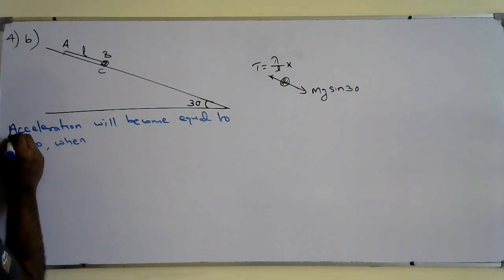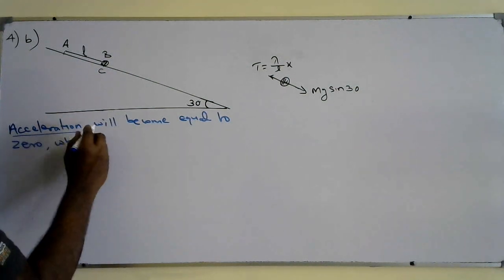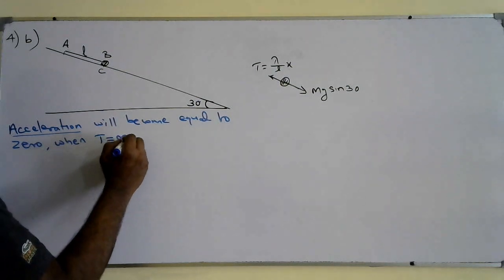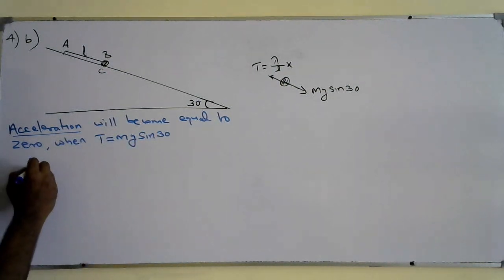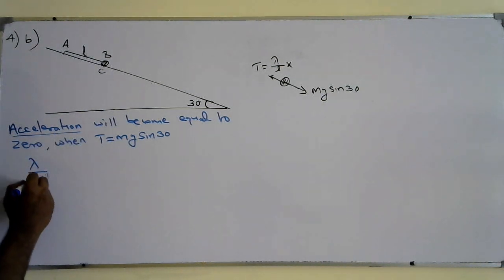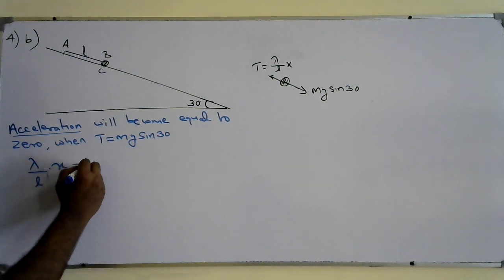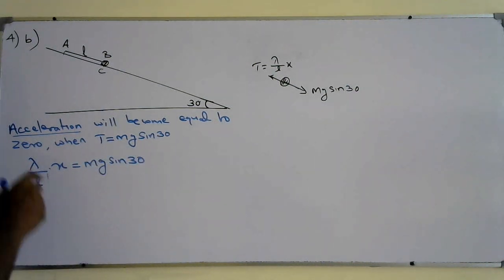I said acceleration, not deceleration. Acceleration will become equal to 0 when T equals mg sine 30. So we will find it: lambda over L into x equals mg sine 30. Okay, we found the lambda already.